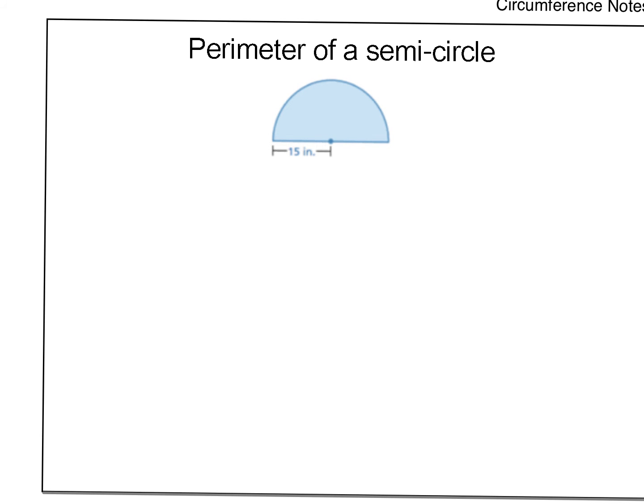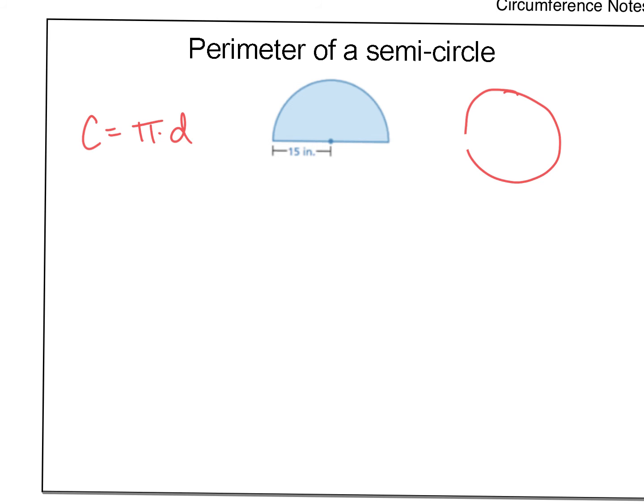All right, so let's think again for one quick second. If I have a whole circle and the formula for finding circumference or perimeter of a whole circle is C equals pi times diameter. But in my shape, I don't have a whole circle. I have half of a circle.